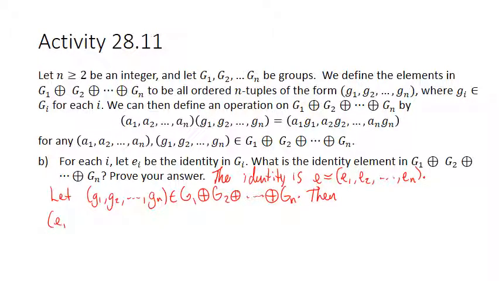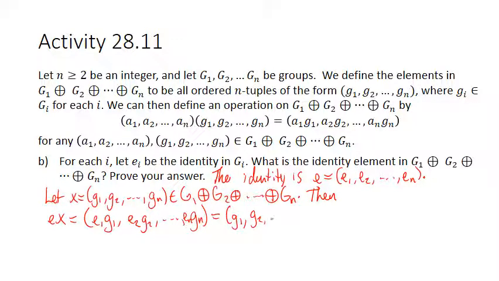Actually let me call this by a letter. So let this be X. Then if we do e times X, that's going to be e1 times g1, and then e2 times g2, and then so on and so forth up through en times gn, okay, which is just going to be equal to g1, g2, up through gn, okay, which is just X.